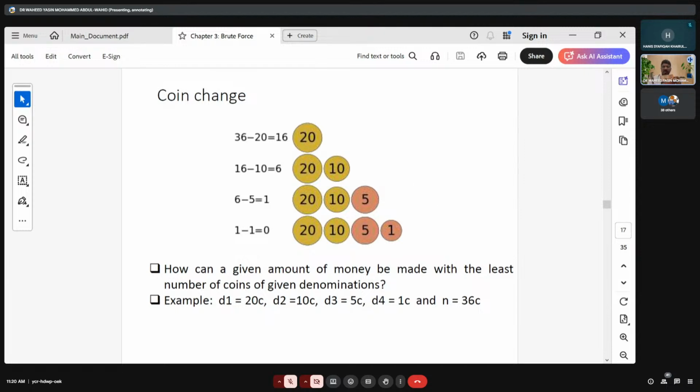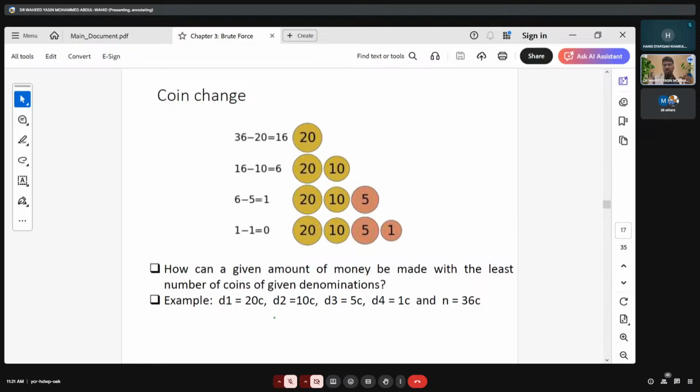Let me show the screen here. We have 20 ringgit, 10 ringgit, 5 ringgit, and 1 ringgit. We have these notes.